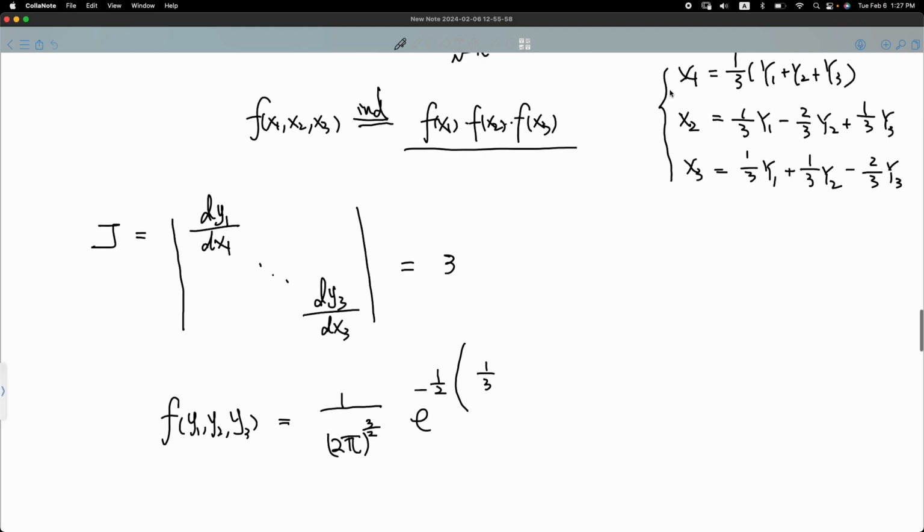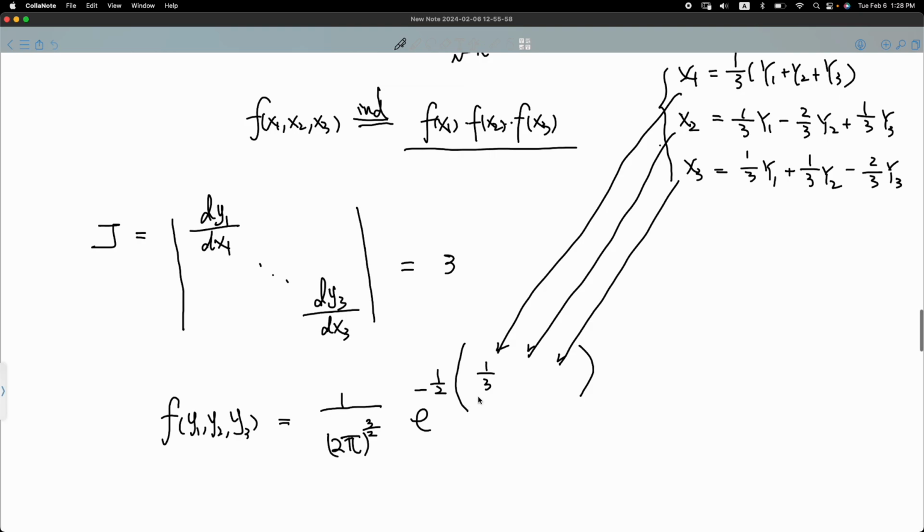So just plug in the x1 square, x2 square, and x3 square. It will be a very long form because you need to take the square of each. Then after that, don't forget the Jacobian, 1/3, the inverse. Yeah, that will be your solution.